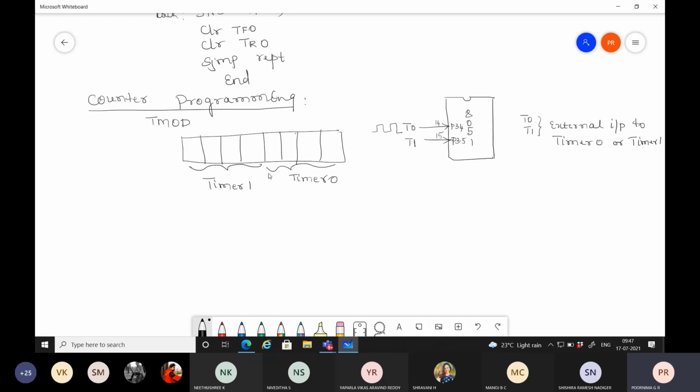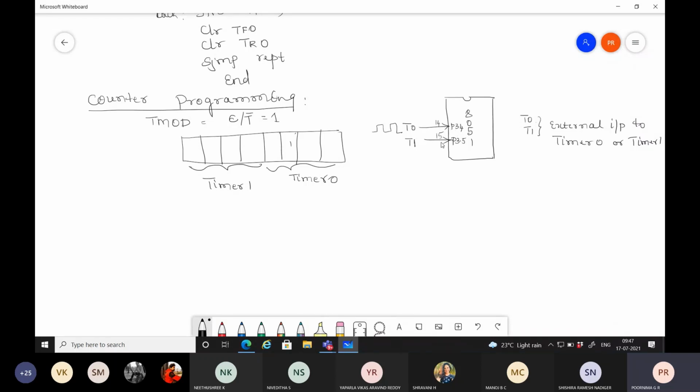Now what other changes you have to make in this TMOD register? One important bit is the C/T bar bit. For a timer, we were setting the C/T bar bit to 0, but here we need to make this bit 1. When you use timer 0 as counter 0, when external pulses are coming through the T0 pin, you have to set this bit to 1.